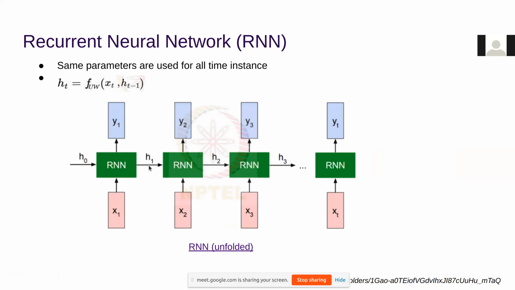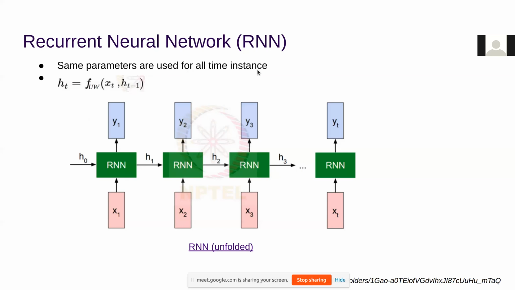What it means is that h1 depends on x1 and h0, the input at time t equal to 1 and the previous hidden state information. h2 will depend on h1 and x2, that is the input at time t equal to 2 and the previous hidden state information, and so on. The other thing is that the same parameters are used for all time instances.